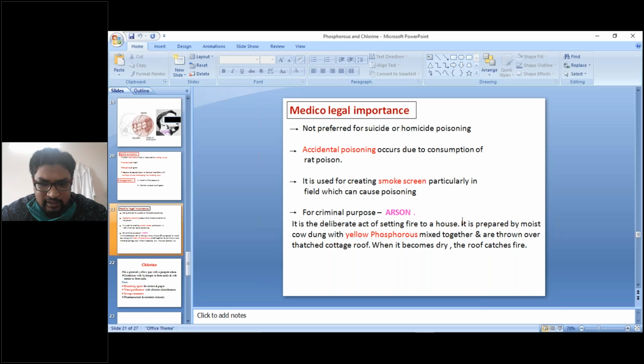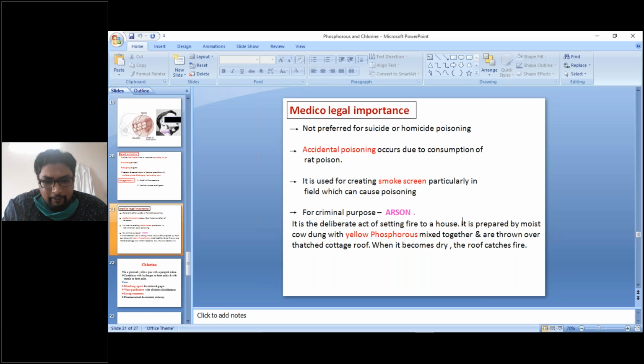I told you, whenever it reacts with the air, it will emit smoke. And this smoke, whenever a person or a farmer inhales, he can have poisoning. And then for criminal purposes, called arson. Arson is nothing but a deliberate act of setting fire to a house.